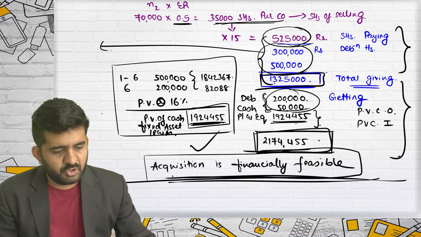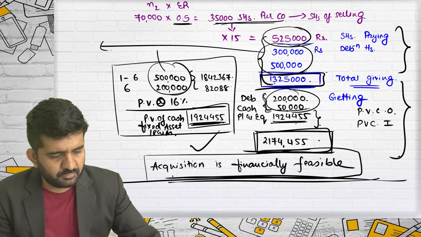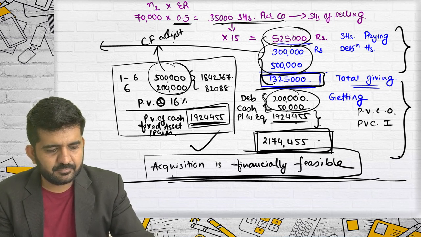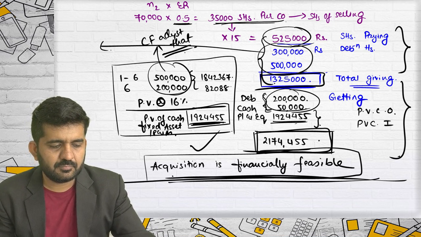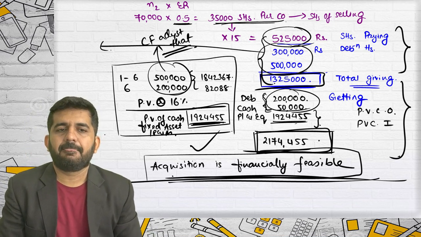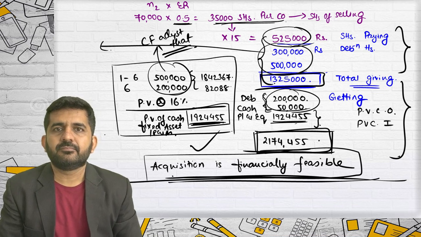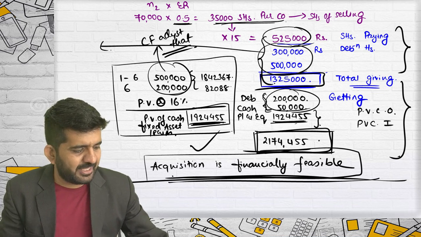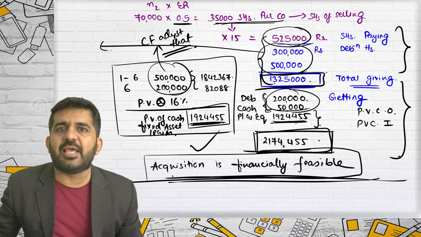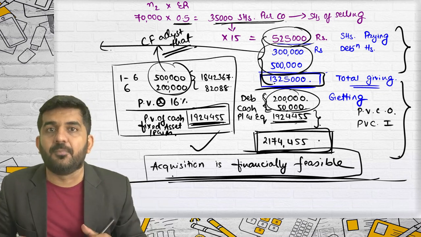So this cash flow will adjust that. Are you getting it? Yes, sir. So I am telling you that this amount is for plant and equipment. Ultimately, this cash flow is happening because you are taking over a company.